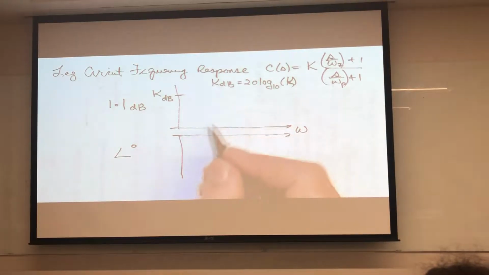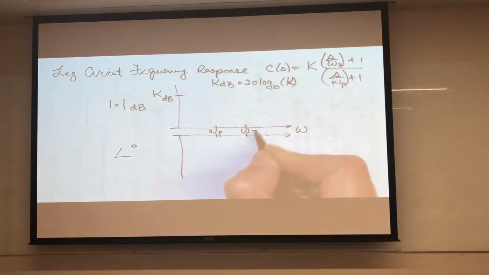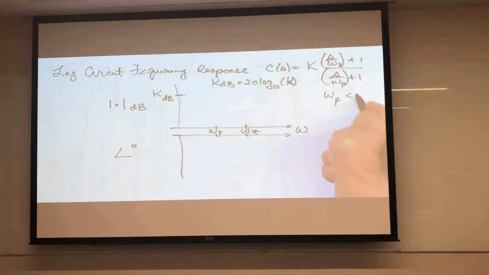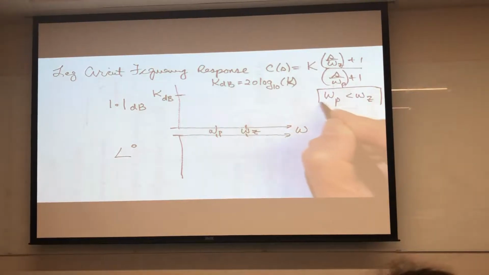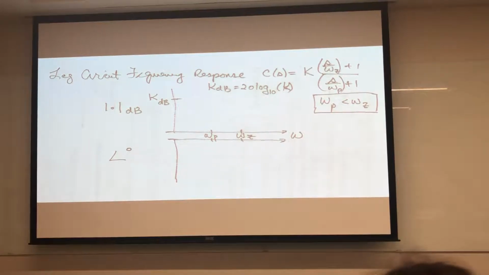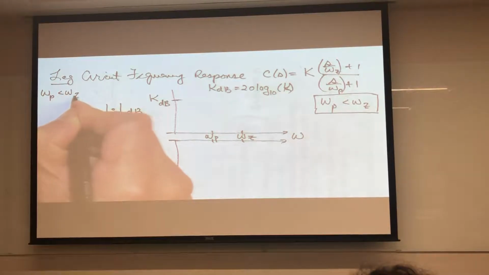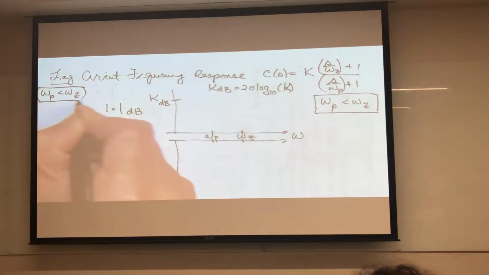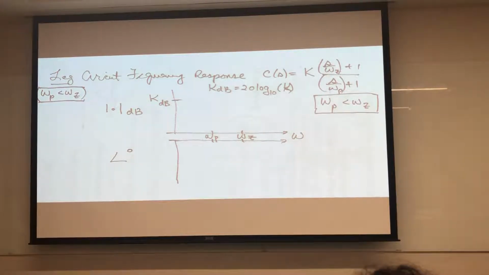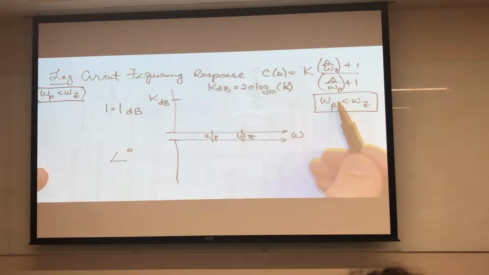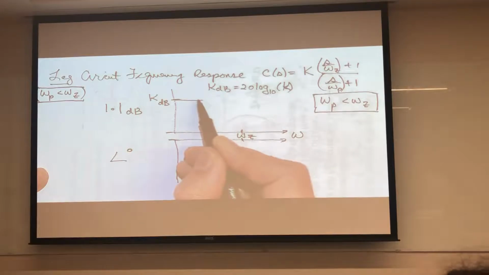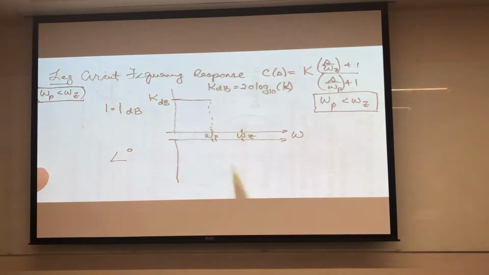Now, I said there's a 0 and a pole. The way the lag compensator works is we have a pole right here, and we have a 0 right here. Omega p is less than omega z for a lag circuit. Okay. And so what happens is because we have a pole, we know that the frequency response is flat up until we get to the pole.